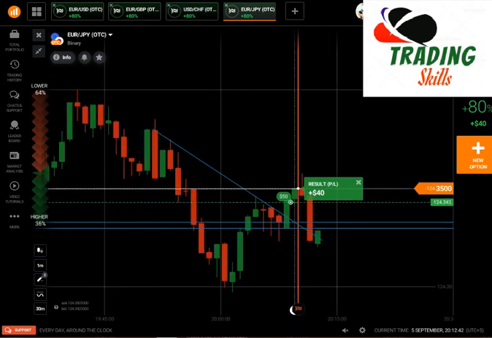So after that I took the last trade. You can see the market was moving like this, making new lows, I mean lower lows. Now it is trying to make higher highs at this area, the first higher high, the second higher high.